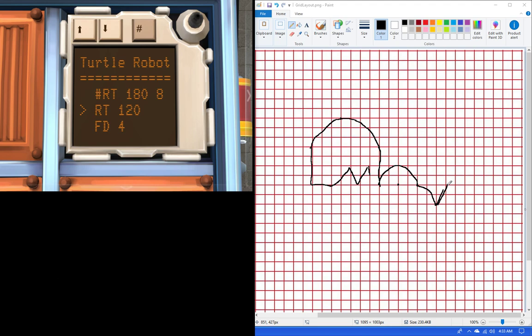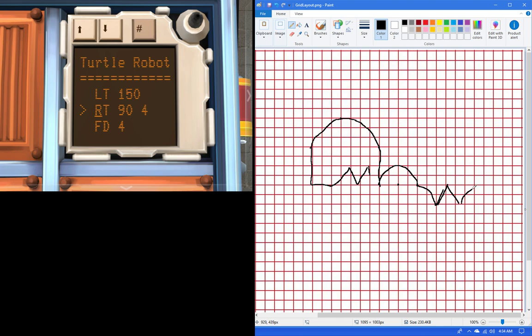Then the RT 120, so I'm facing down. Then 1, 2. Then facing all the way up in this case. RT 4, and you see we've basically made a pass here. So we're facing all the way up, and we do 100, which is going to be 2, close to that.